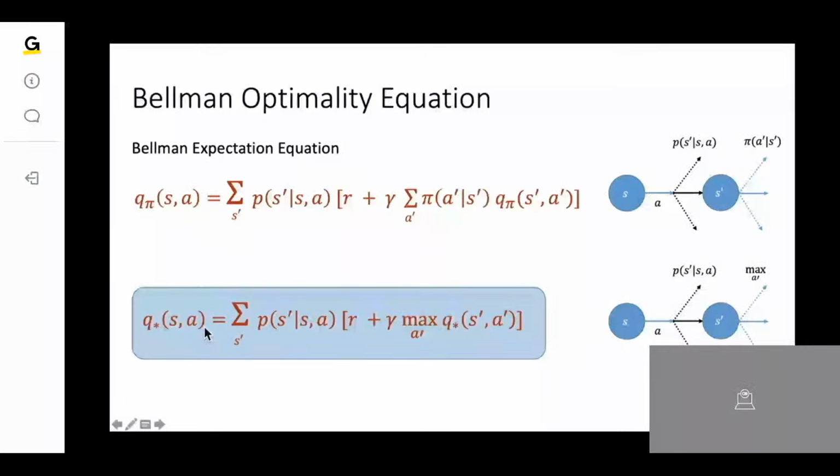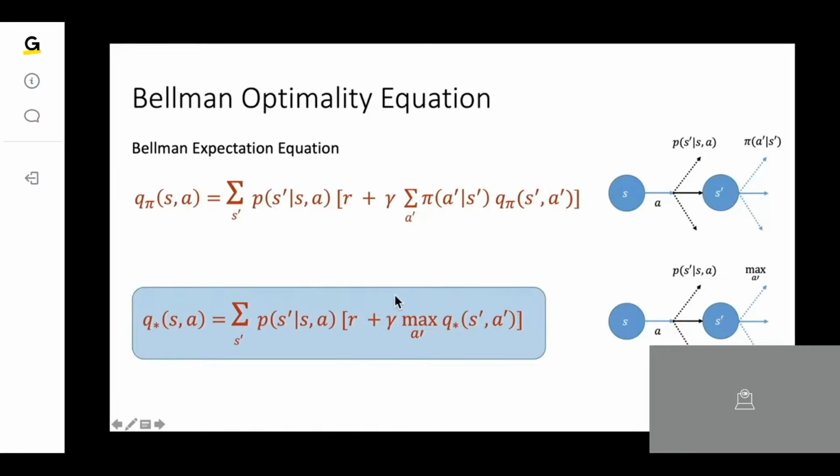And there are proofs to show that this process ultimately converges to Q star. That means if you keep on updating, the Q values ultimately converge to the Q star value, which is the optimal action value function. And once this is computed, deriving the optimal policy is a one-step look ahead: which action gives me the maximum action value, and we choose that action.